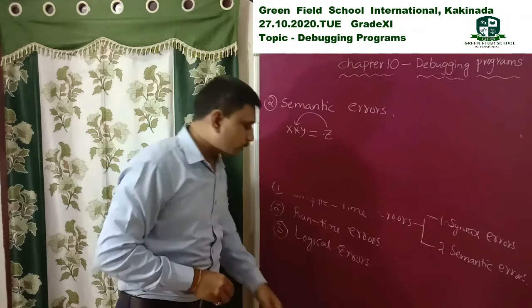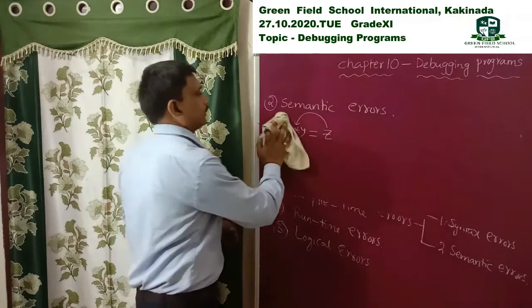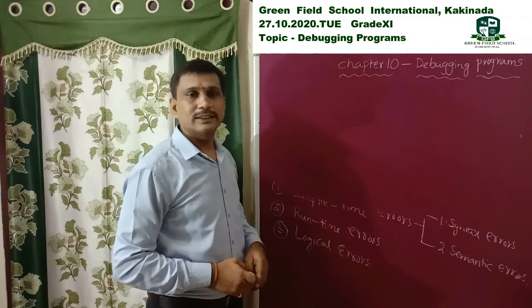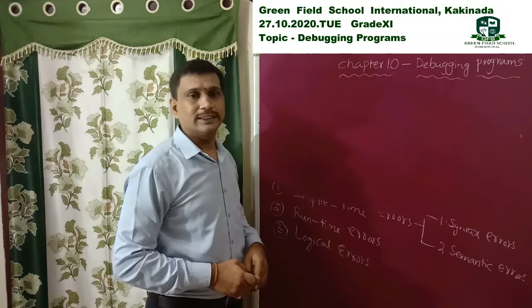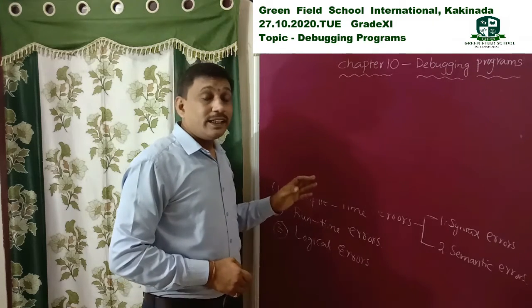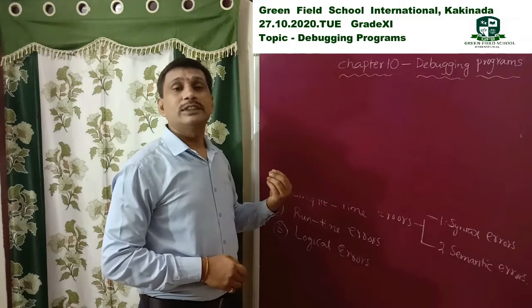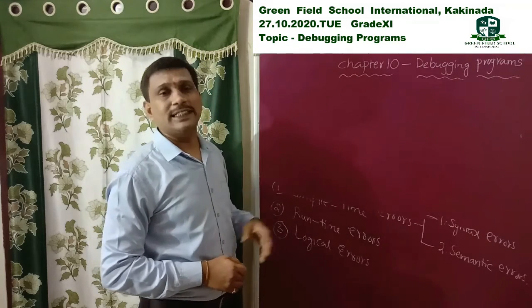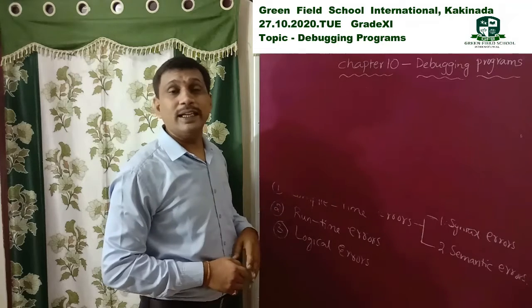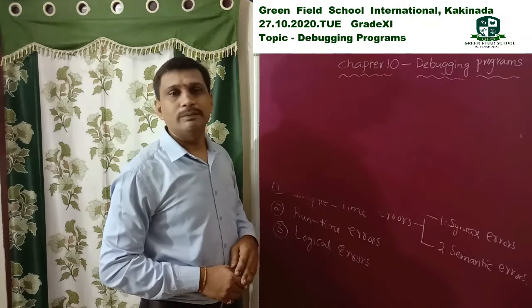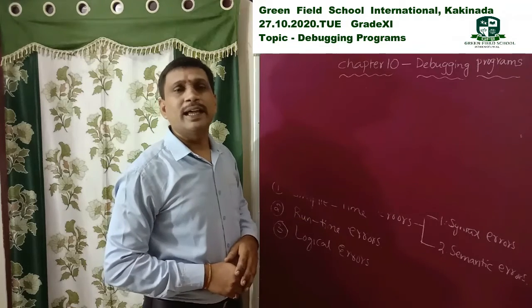Understood my point? Coming to runtime errors. Very dangerous errors, already discussed. These errors are very dangerous. Why? Because for this type of error, in some cases the system crashes or abnormally halts the entire program because of these runtime errors.